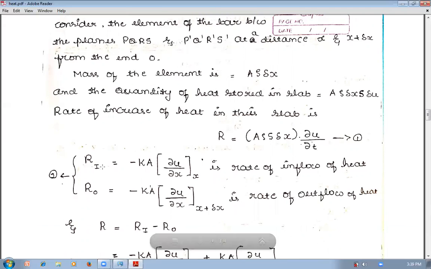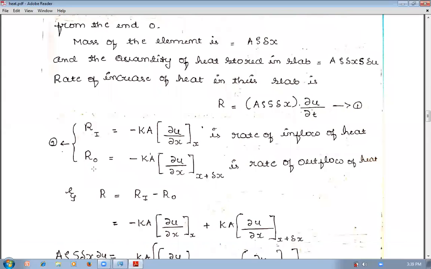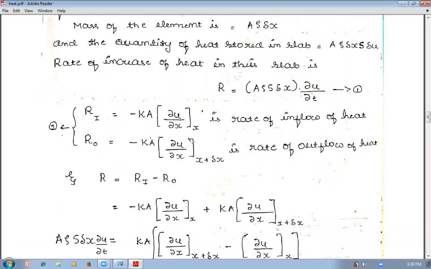Ri is the inflow and Ro is the outflow. Ri is equal to minus K A ∂u/∂x at the point x. This is the rate of inflow of heat, and Ro is the rate of outflow of heat, equal to minus K A ∂u/∂x at the point x plus delta x.